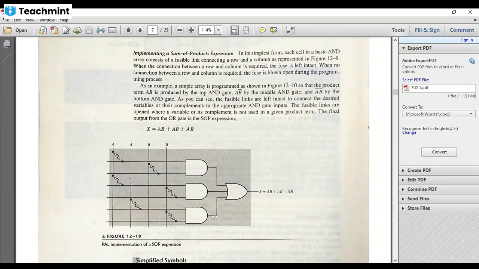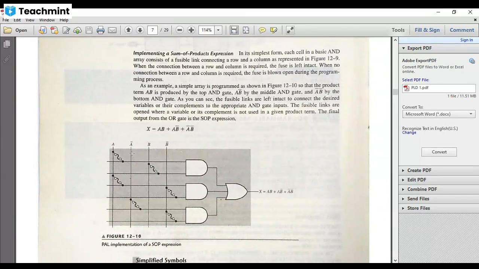And for the third line, we get A bar B bar. So for the first row, the first column link is kept as it is, and the second, third, and fourth are to be blown off. And for the second row, the first, second, and fourth are blown off, and the third one is kept as it is.